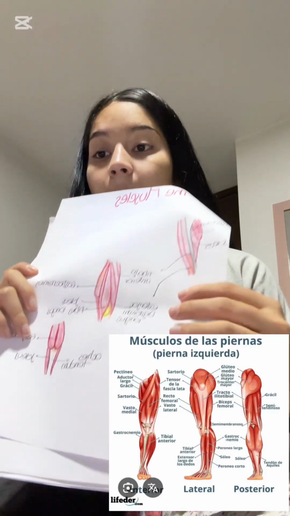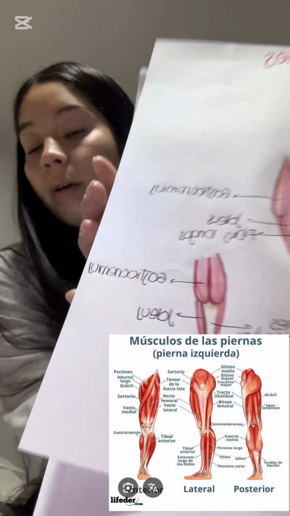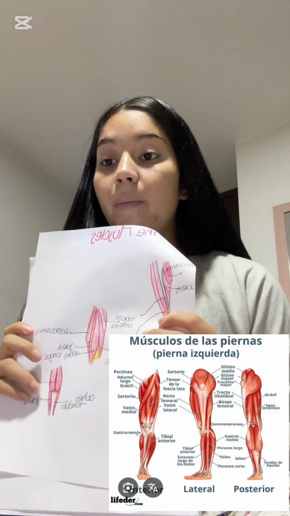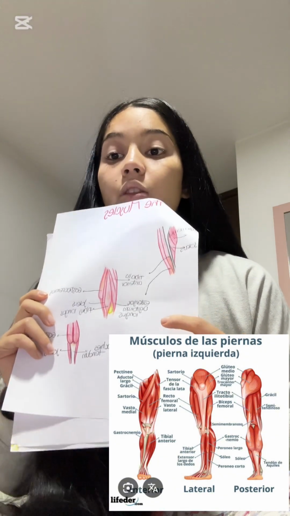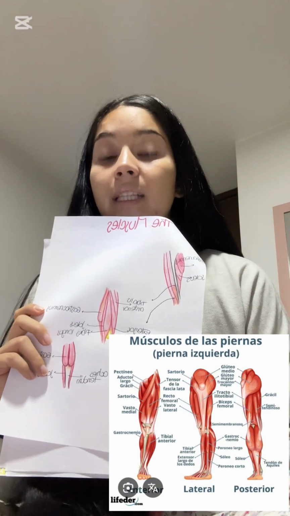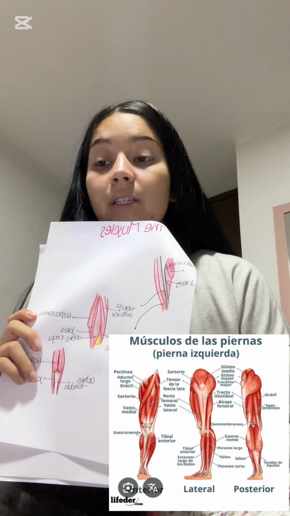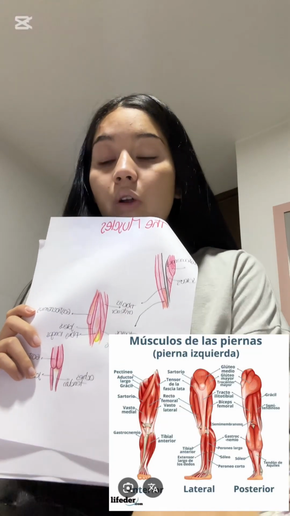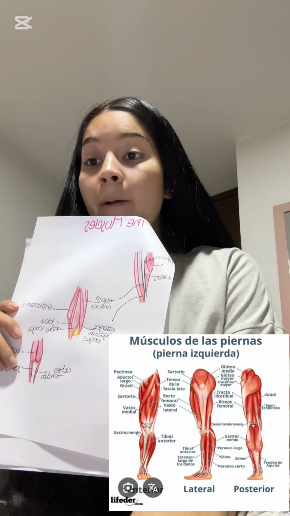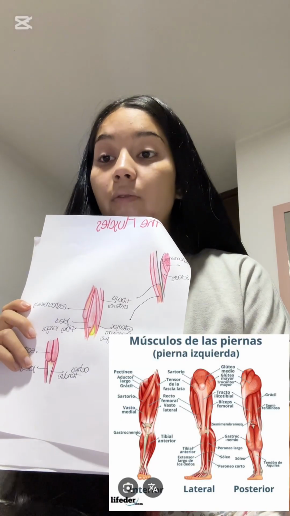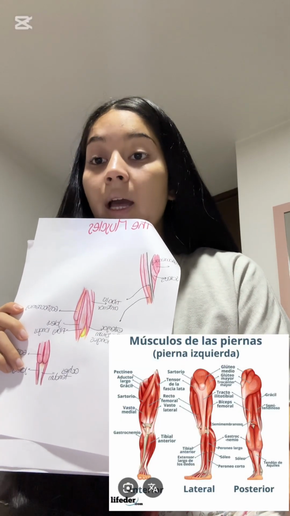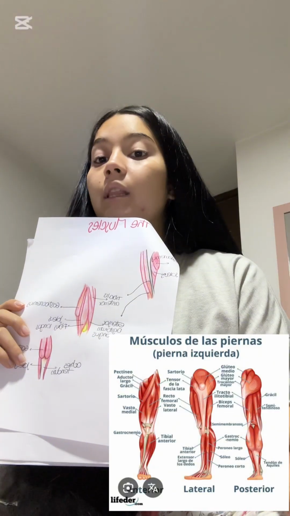Posterior compartment. The posterior compartment is divided into a superficial and a deep group. Superficial group: gastrocnemius, soleus, and plantaris. These muscles form the Achilles tendon, the strongest tendon in the body.